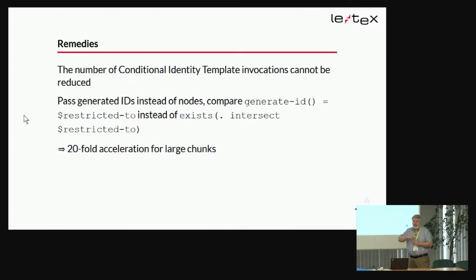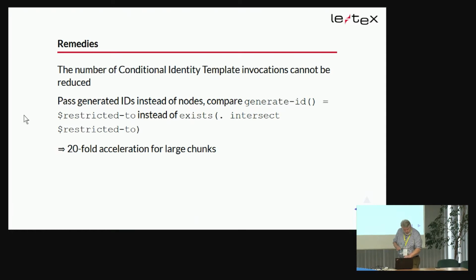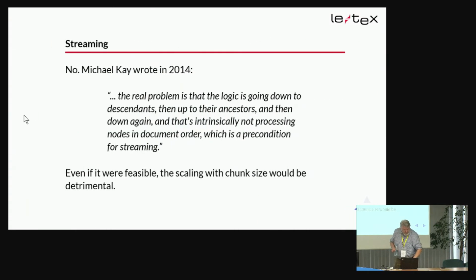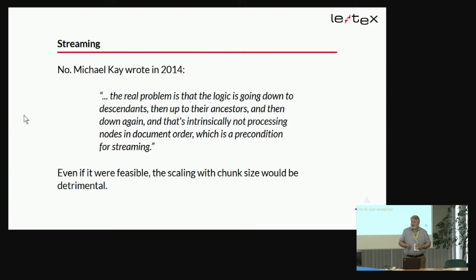I could accelerate, at least for Saxon 9.9, the thing for large chunks by a factor of approximately 20, which is quite good. And then for normal documents, we are in a range of milliseconds to seconds independent of chunk length, so it won't be too long for real-life applications.